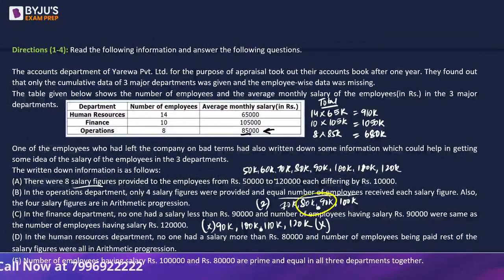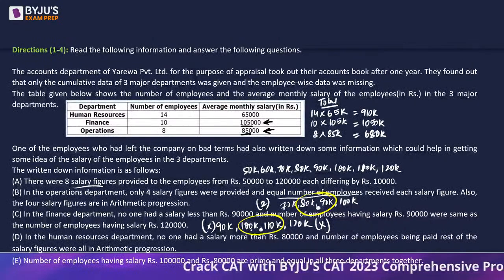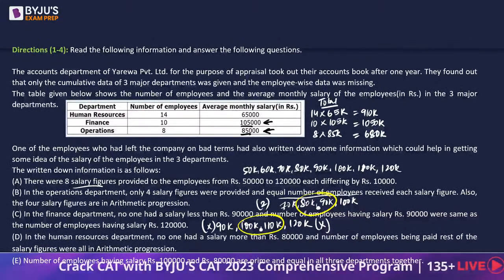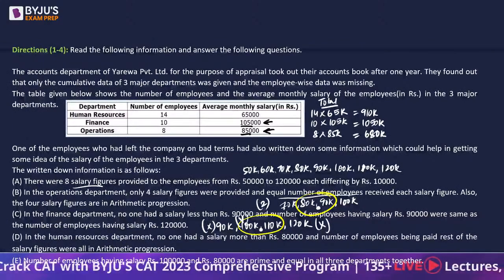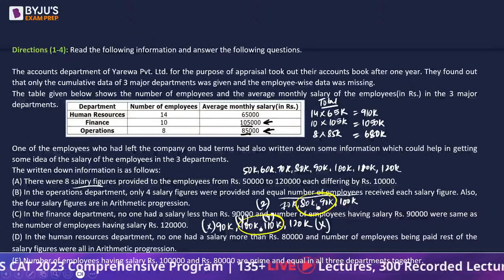And similarly, the 105,000 lies exactly between 100 and 110. So if we have X employees of 90 and 120, then by the logic of averages we will have the same number of employees who got 100,000 and 110,000. So that will also be the same, as in they both are going to be Y, right?